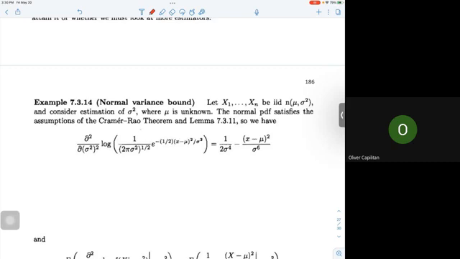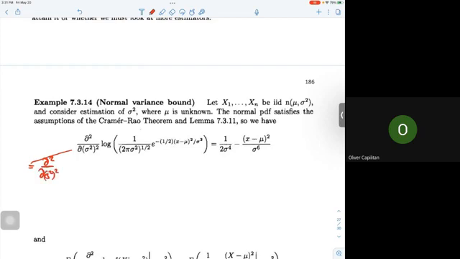And this is equal to 1 over 2 sigma to the 4 minus the square of x minus mu over sigma to the 6. So, here we are going to take the second partial derivative with respect to sigma squared.